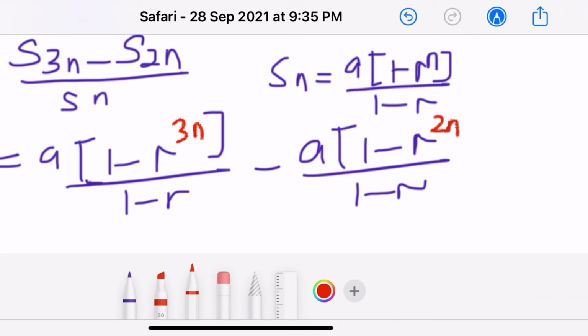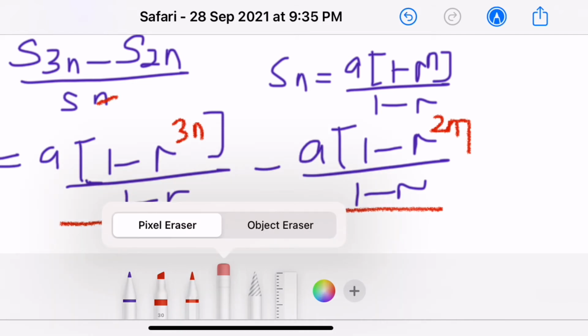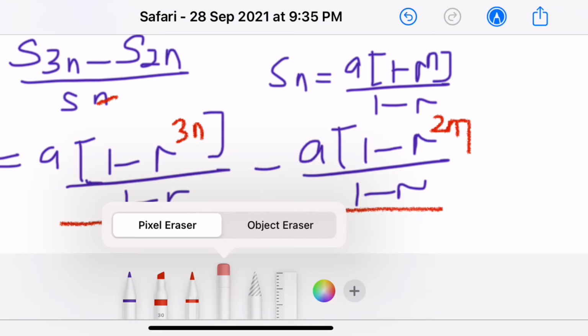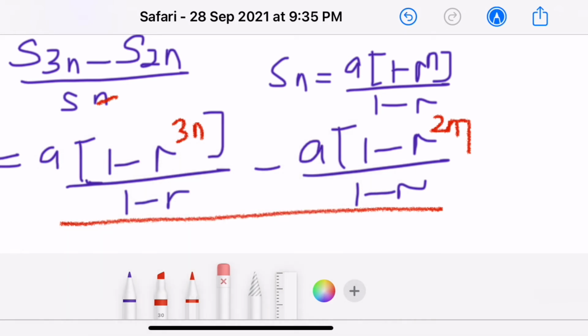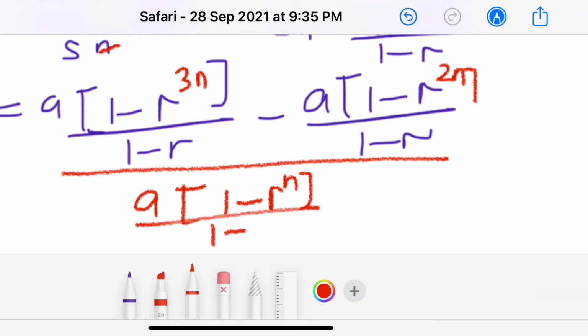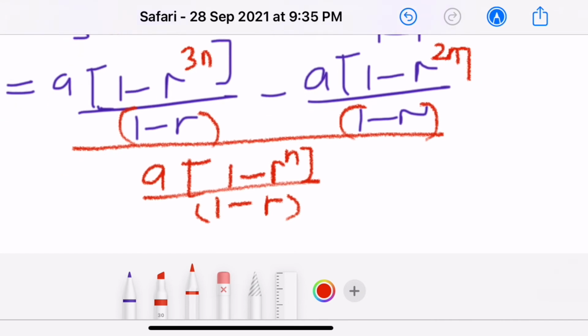The bottom one we divide by Sn, using the Sn formula, a(1 minus r^n) over 1 minus r. Notice that this 1 minus r is the denominator.